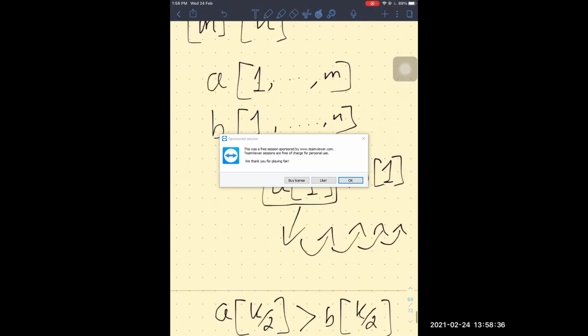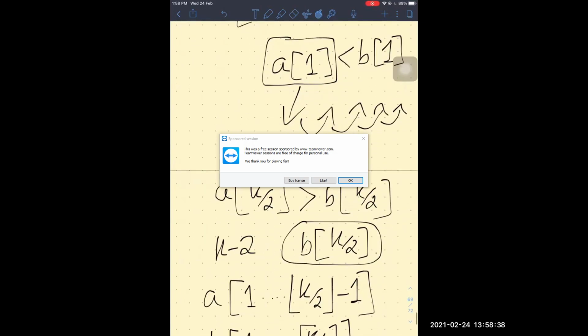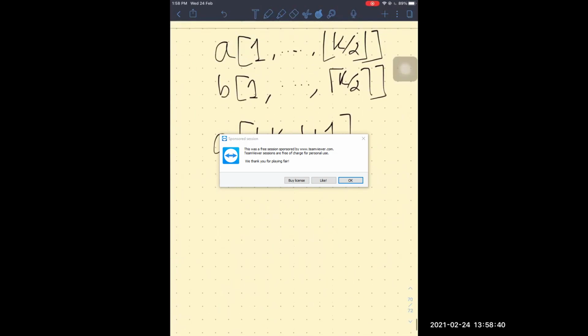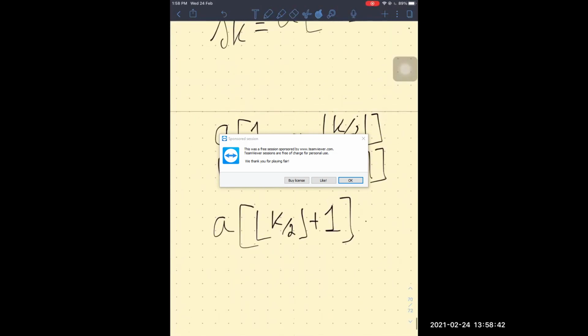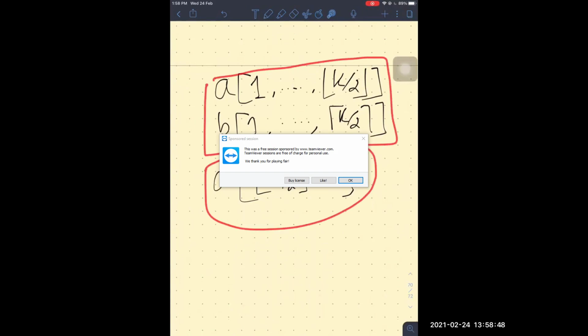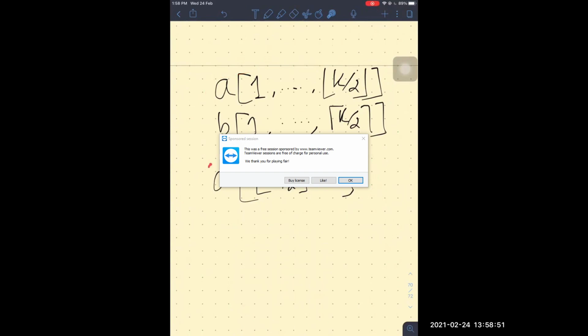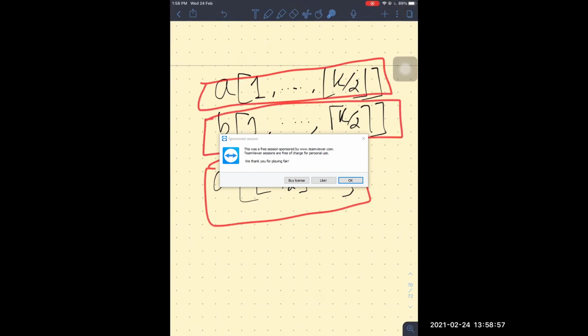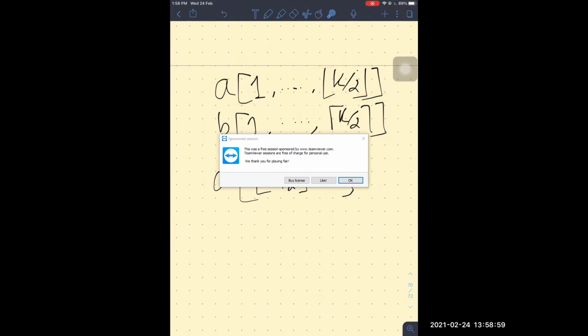Okay, so let's continue. As we can see, there are k elements less than A[k/2 plus 1], right? Because the sum of these two numbers will add up to k.